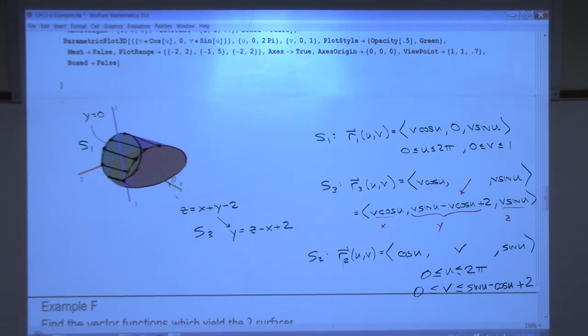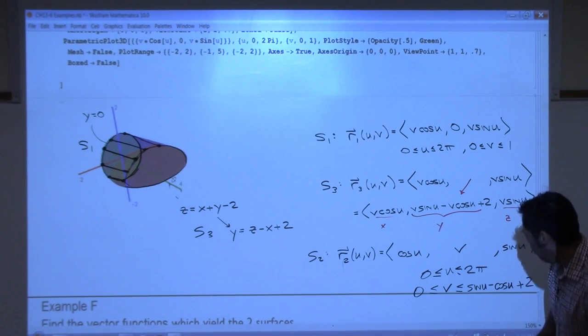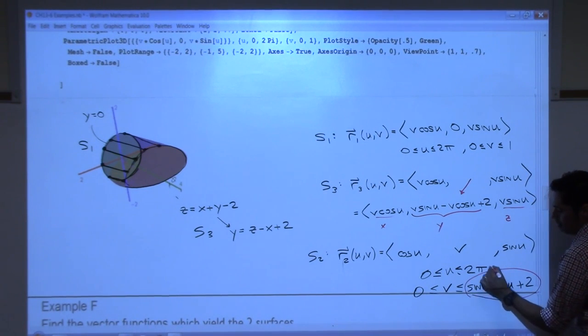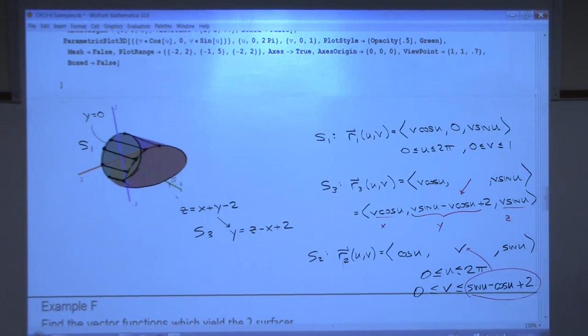Can anyone tell me what would have happened if you would have instead put this right here? What it would have drawn? Basically, take v out of the problem, because that's what you would be doing, right? Take v away and just put that right there. What would it have drawn? Not quite. Which curve?